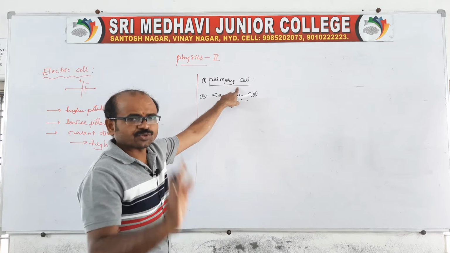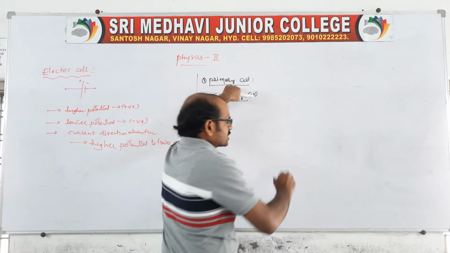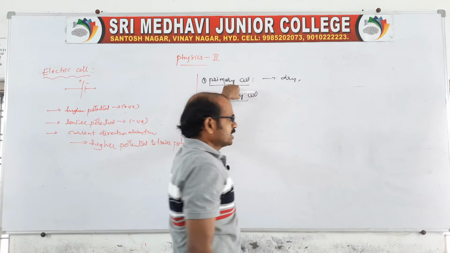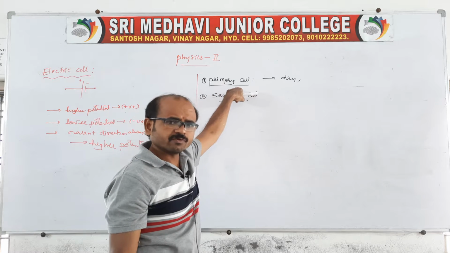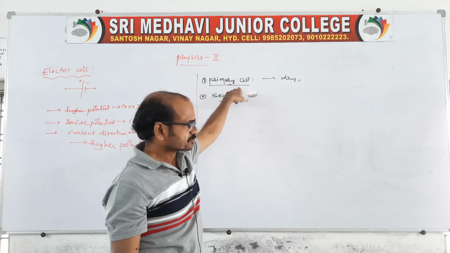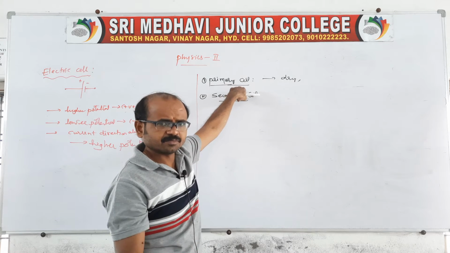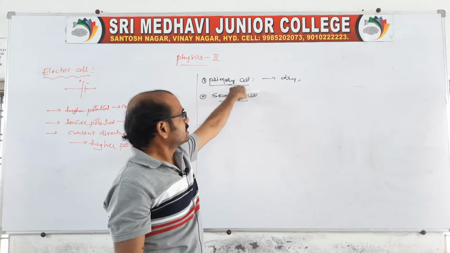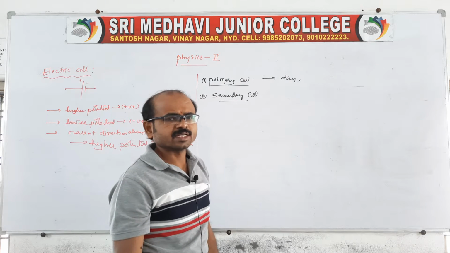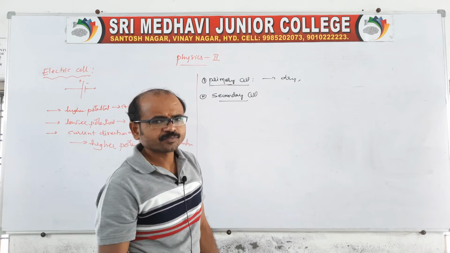After use, we cannot use them again. The best examples are dry cells, which nowadays we use as batteries in four-wheelers or two-wheelers. Dry cell, or the voltaic cell, as you know from chemistry.